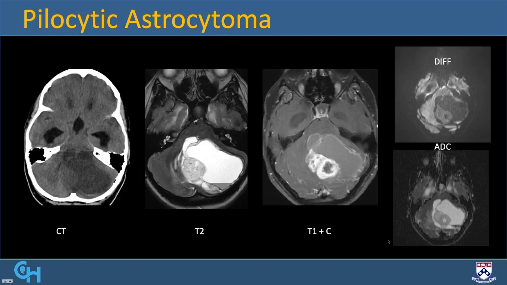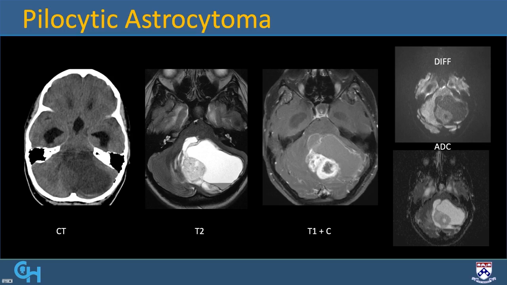Some other appearances seen with pilocytic astrocytoma, like demonstrated in this case, is a more lobulated appearance, a slightly larger nodule now, which is showing more thick nodular enhancement as well as enhancement along the margin of the cyst.